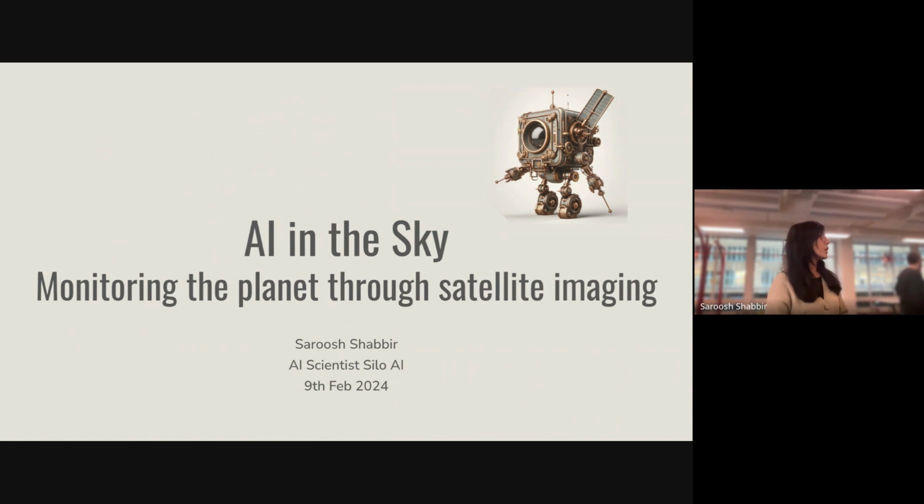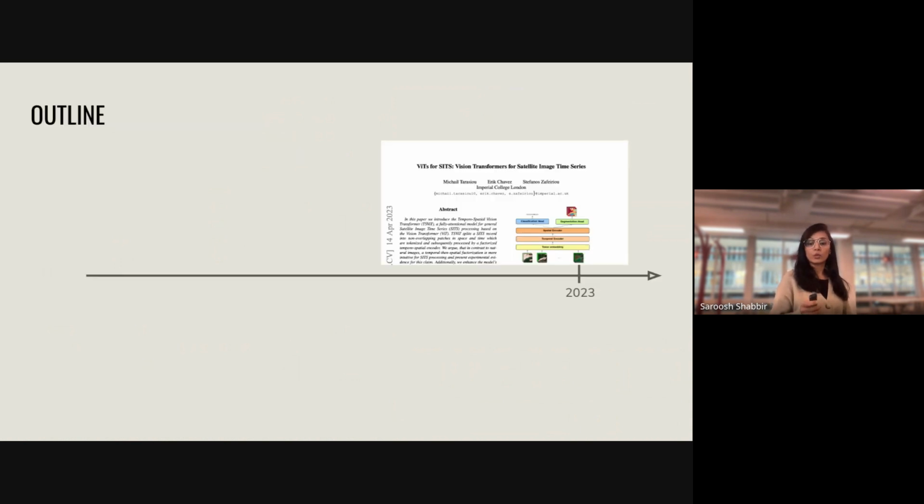Hi, everyone. So I'm Saroosh. I'm an AI scientist at Silo AI and colleague of Pier, and I'm going to be talking about satellite imaging and deep learning in the context of satellite imaging. So we're basically going to be focusing on this paper here, which is one of the first applications of transformers for satellite imaging.